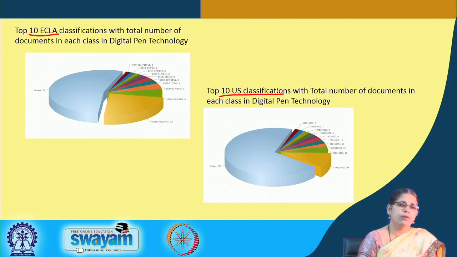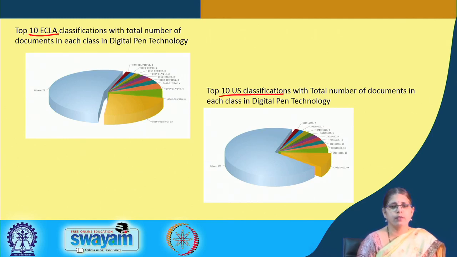So, if one needs to get a deeper view of the data, an analysis of the CPC or the ECLA codes and the US codes would be useful to understand which are the major technology domains in which the patents are being taken.